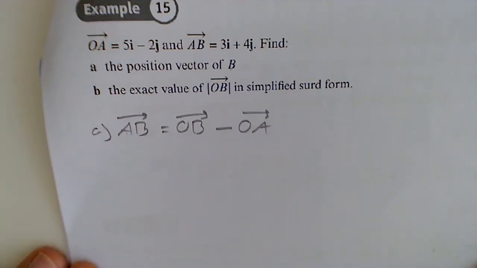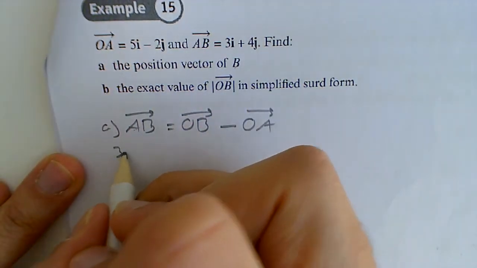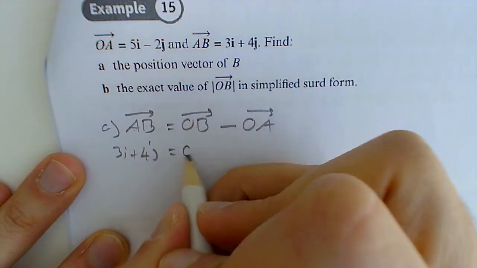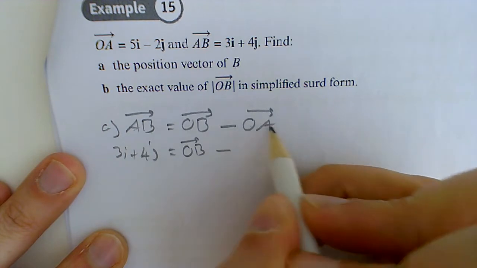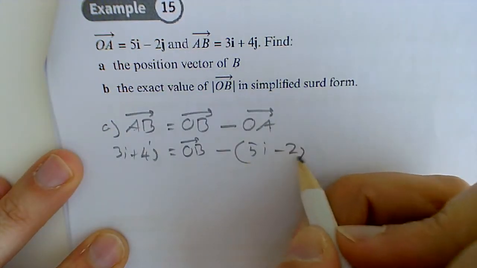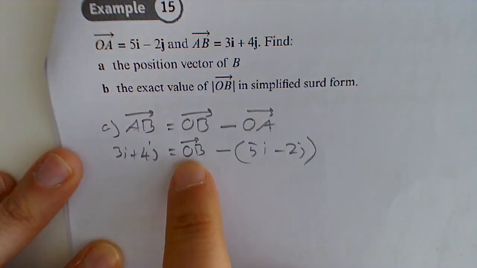So if I've got these, I'm now just going to fill in what I know. I know AB is 3i plus 4j. OB is what I'm figuring out, so I'm going to leave that like that, and then minus OA, which I put in brackets, and that's 5i minus 2j. All I need to do is get OB on its own.